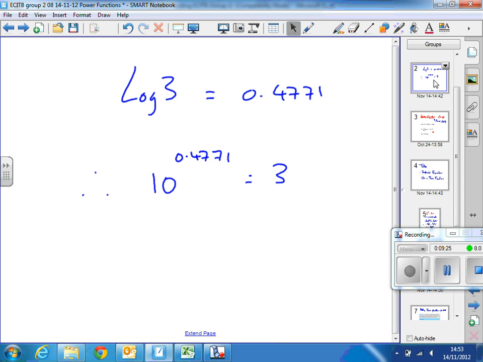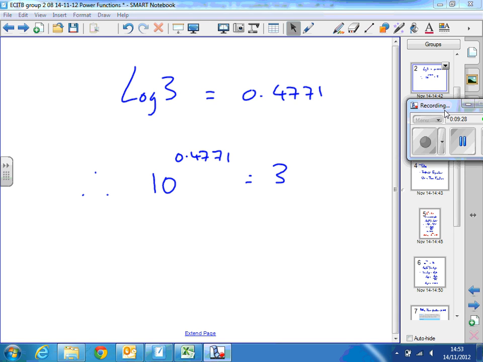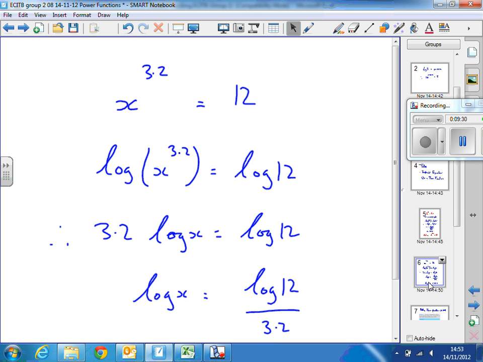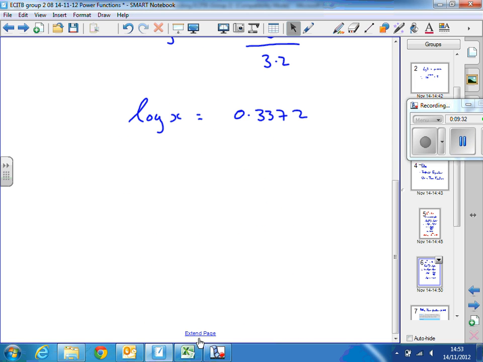So what I have to do here is work out, to get x, that's going to be 10 to the power 0.3372. So if we want to find x and we know the log of x, then it's 10 to the power. And if you look at the calculator, you can see that's actually above the logarithm button.